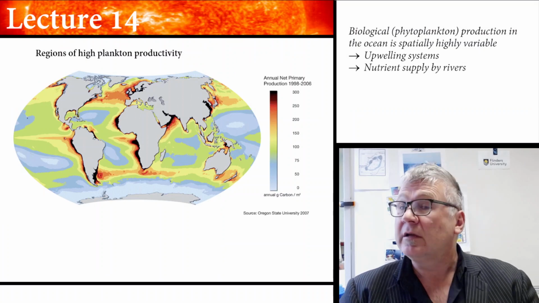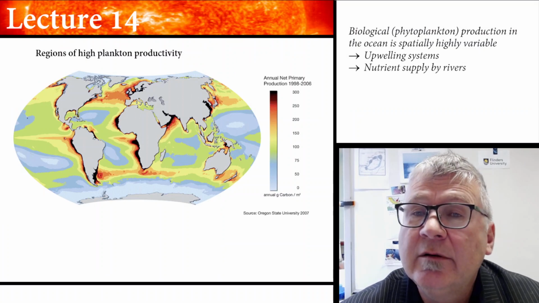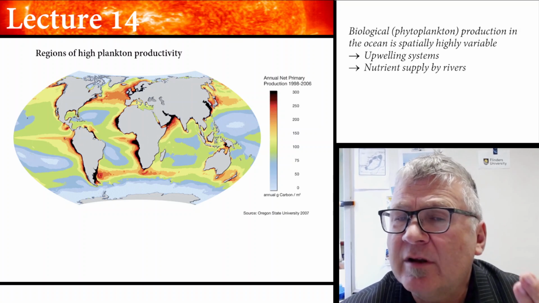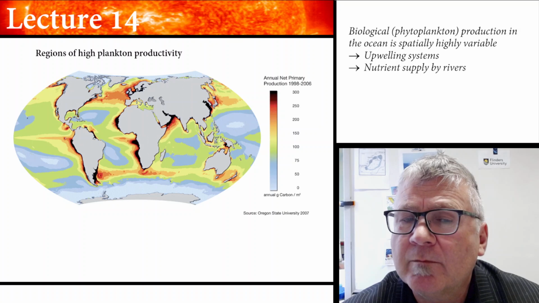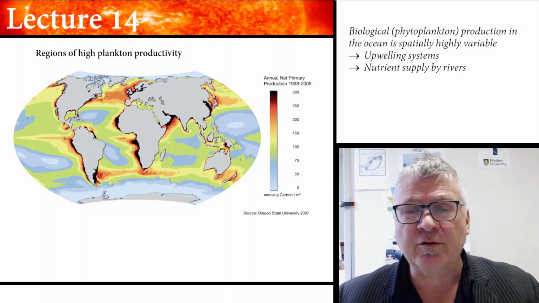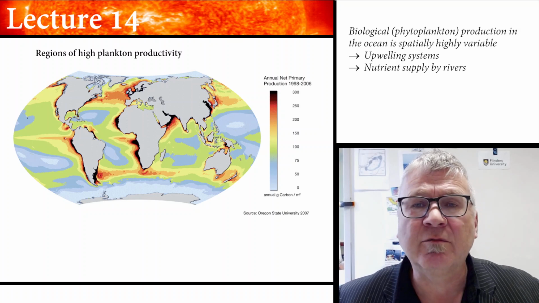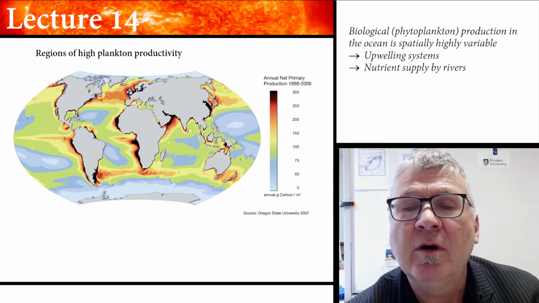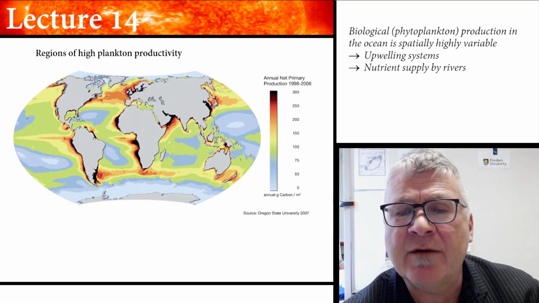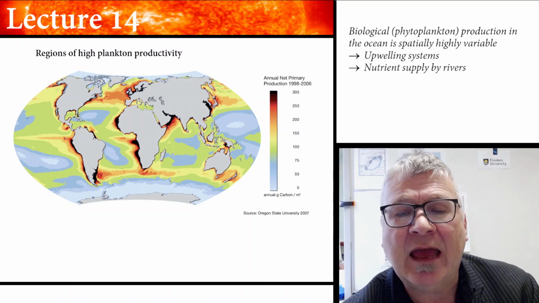Alrighty, so the last slide of this lecture answers the question, where does this plankton productivity occur? Does it occur evenly across the oceans or in particular regions? This is a map of something we call the net primary production, averaged here over 8 years.